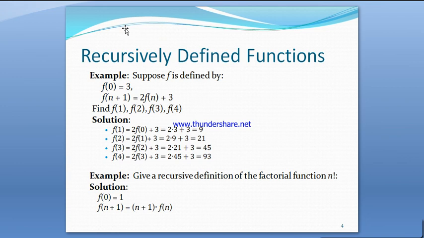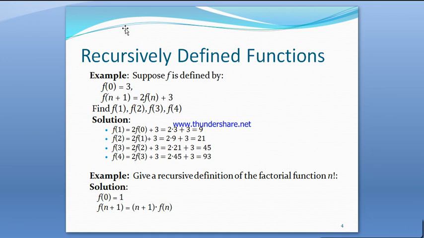Suppose f is defined by f of 0 equal to 3, f of n plus 1 equal to 2 into f of n plus 3. Here the function has been defined recursively. Find the values of f of 1, f of 2, f of 3 and f of 4. Using the given f of n plus 1, we can write f of 1 equal to 2 into f of 0 plus 3, giving the value 9.